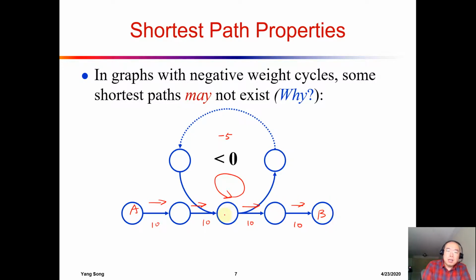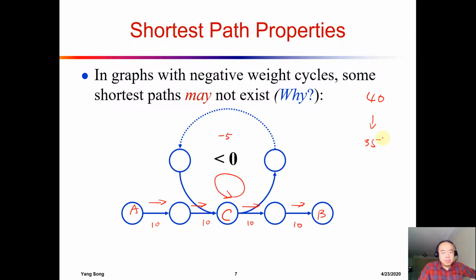Why? Because after arriving at node C, we do a circle here, so we reduce the total weight by 5. Originally we could do 40, but if we go one loop, it goes down to 35.